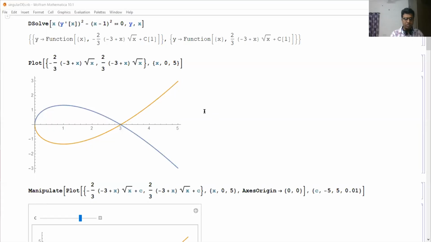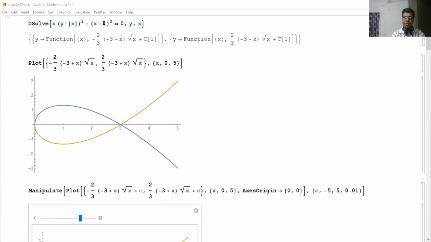In fact Mathematica is able to solve such differential equations, the differential equations with degree greater than 1. Okay, so our equation is x into p square minus (x minus a) square equal to 0.